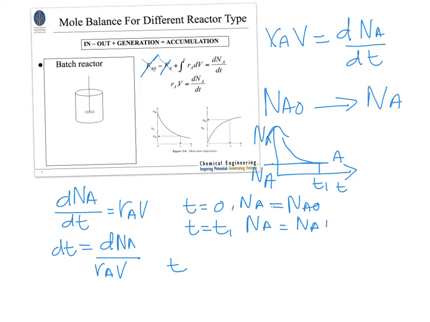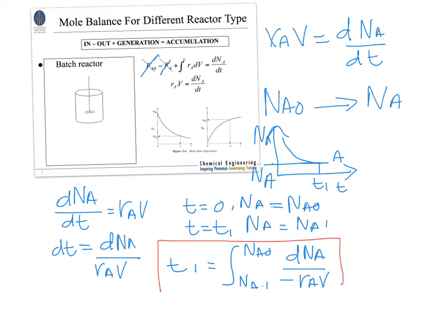So t1 equals the integration from NA0 to NA1 of dNA over minus RA V. So this equation will allow you to calculate the time required to reduce the number of moles of A from NA naught to NA at the required time.